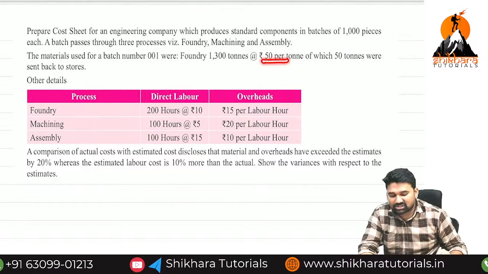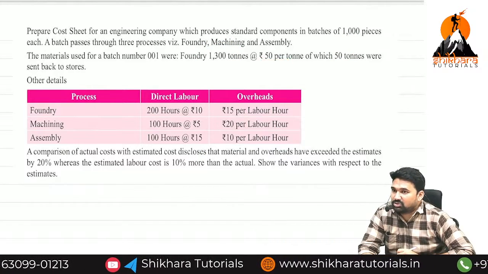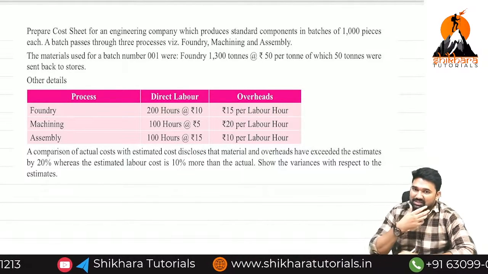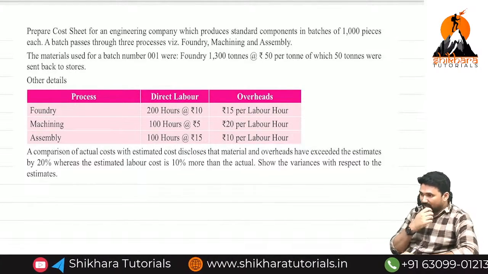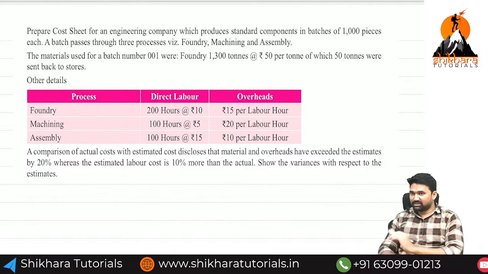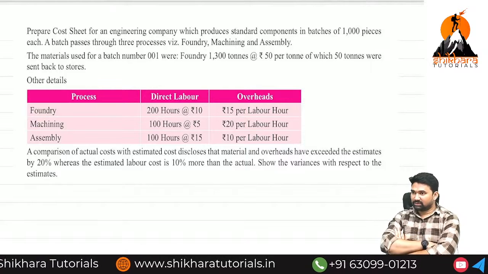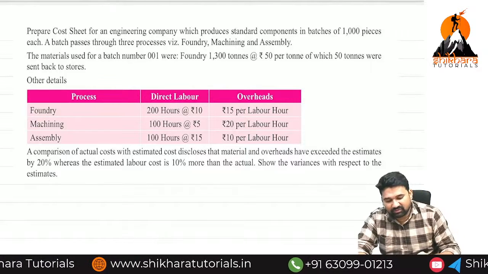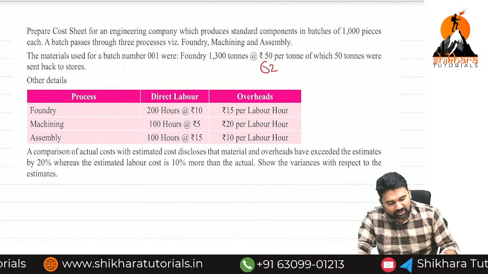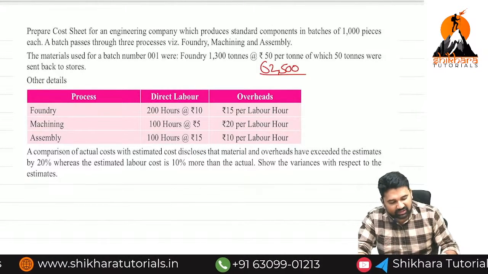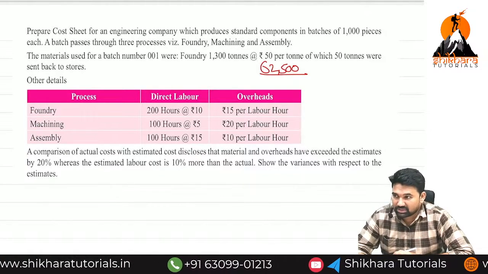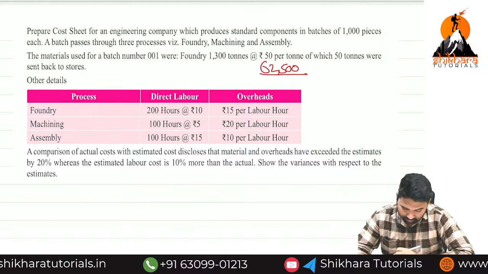Each ton costs 50 per ton. 1250 into 50. Take the calculator and tell me the answer. How much is the answer? 1250 into 50 is 62,500. So 62,500 is the material cost.